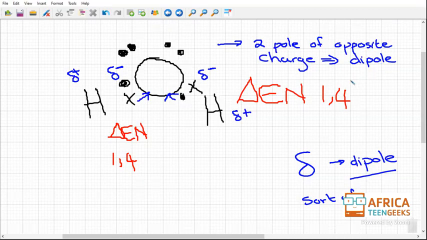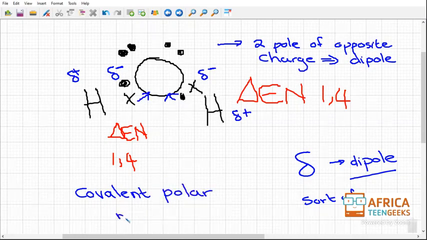Misty, yes, we are basically talking about polar molecules. Okay. Water is defined as covalent because it shares electrons and it's non-metal and non-metal. But because it has 2 poles, we refer to water as a covalent polar molecule.